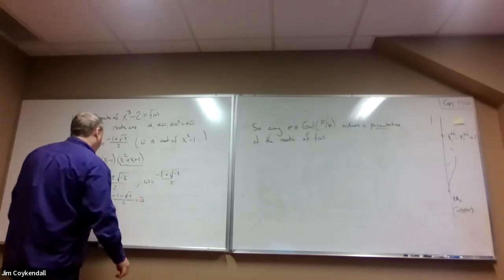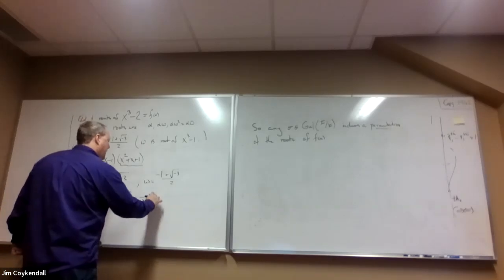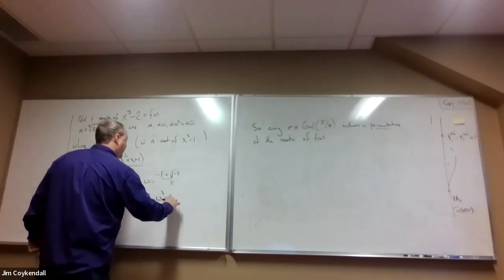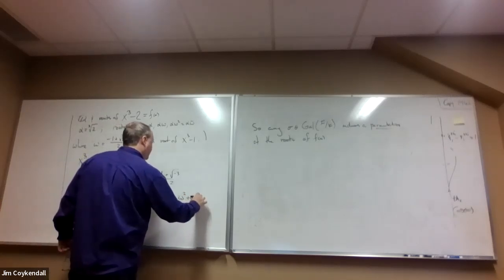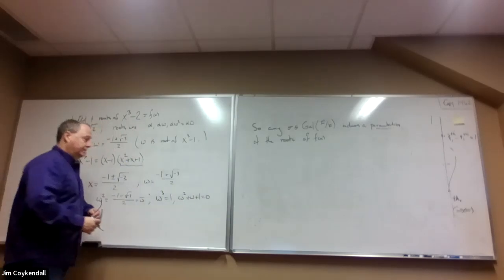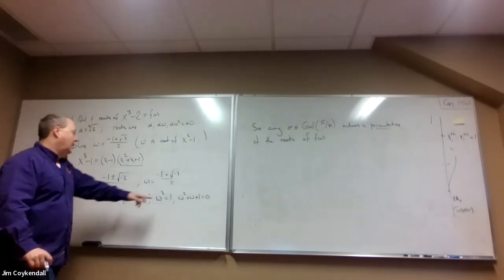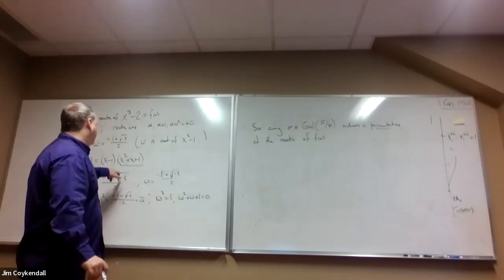Notice that we have omega cubed equals 1, and omega squared plus omega plus 1 is equal to 0, because both of these omegas are roots.